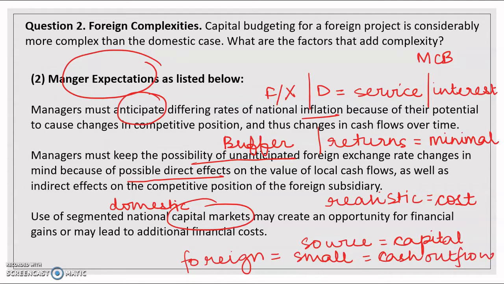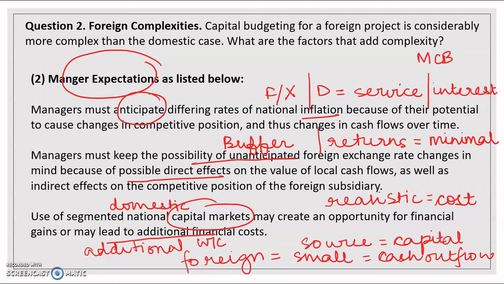So these are the impact of market segmentation that can be attributed or may have an impact on the project cash flow statement. So it may also have an impact on the parent cash flow statement because, as I mentioned, if the market is segmented, the government may impose restrictions on the cash outflow.